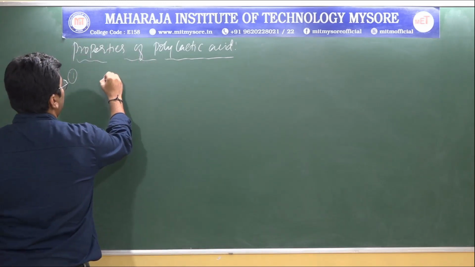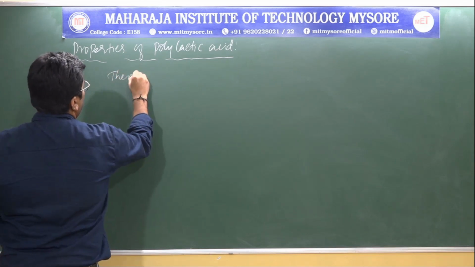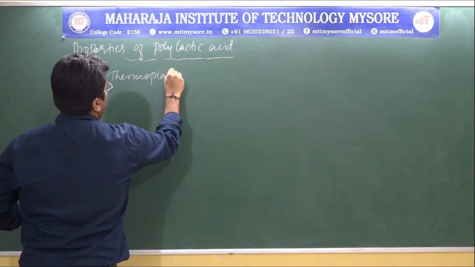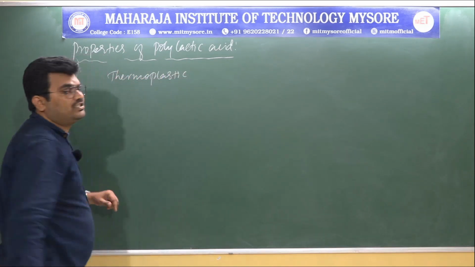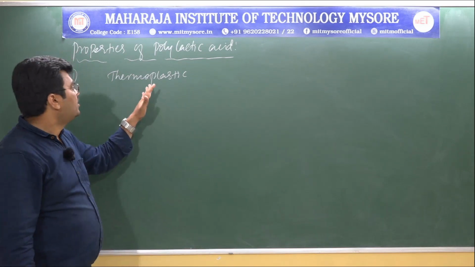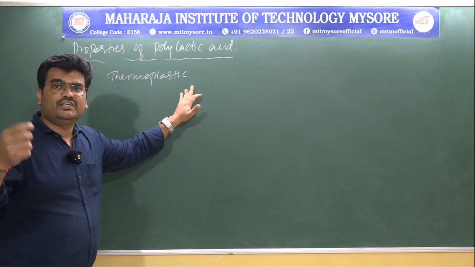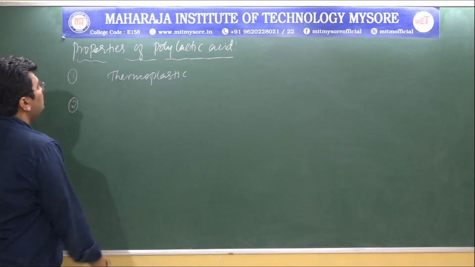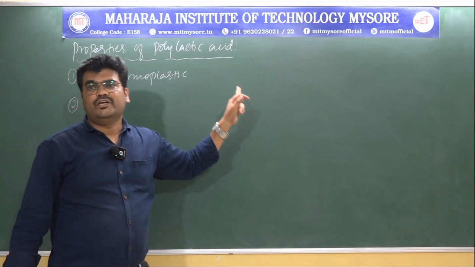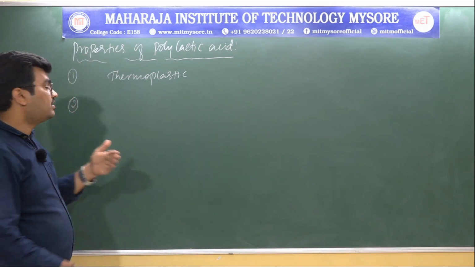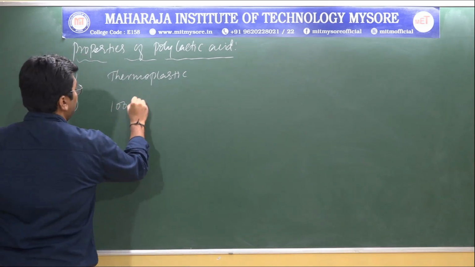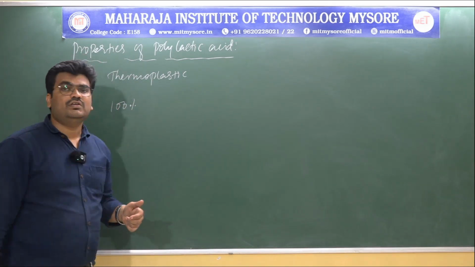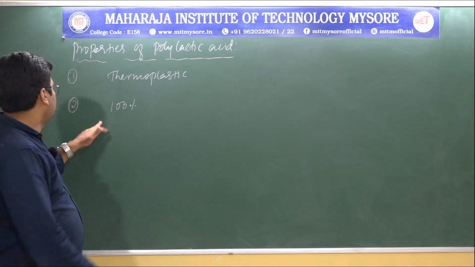I already told what thermoplastic materials are: thermoplastic polymers are the ones which soften on heating and stiffen on cooling. Coming to the second property, polylactic acid is made from 100% renewable resources.